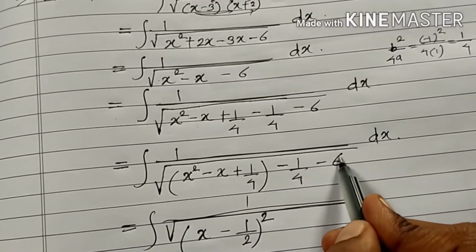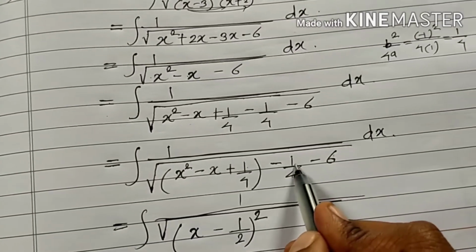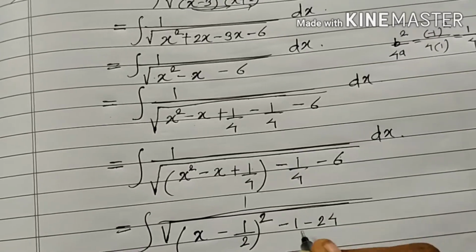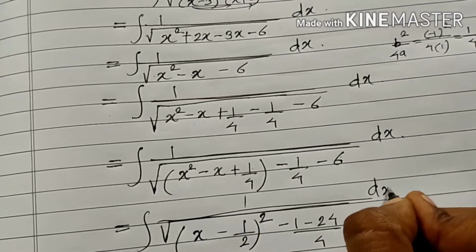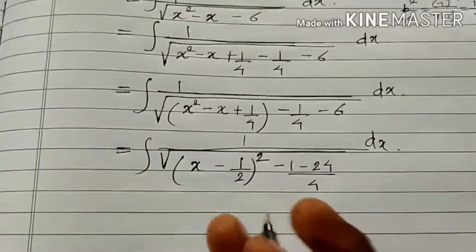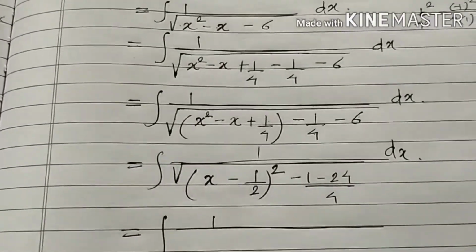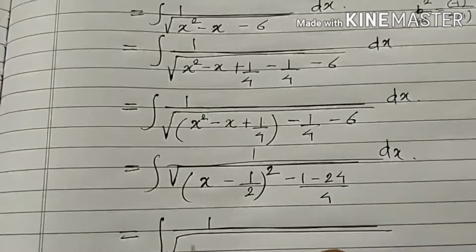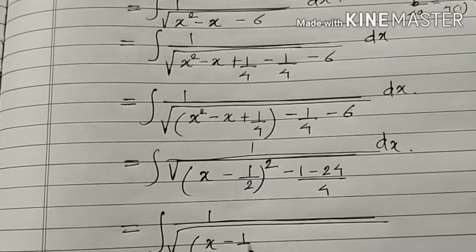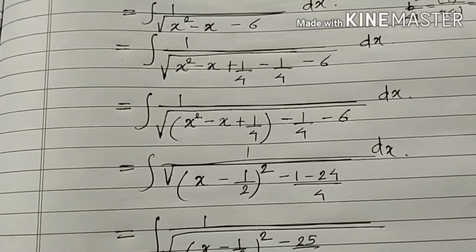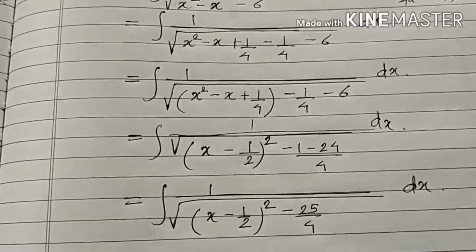Here 4 into 6, 24, so minus 1 minus 24 upon 4, into dx. So it will become, next step, x minus 1 by 2 whole square minus 25 upon 4 dx.